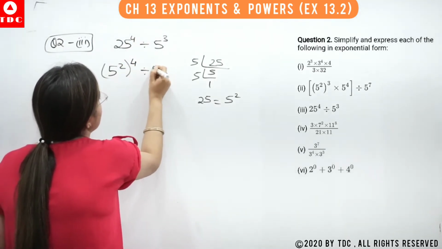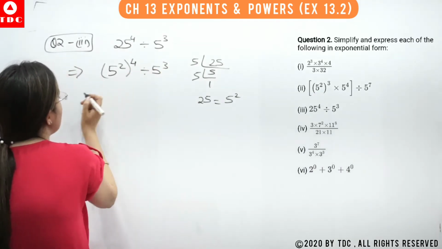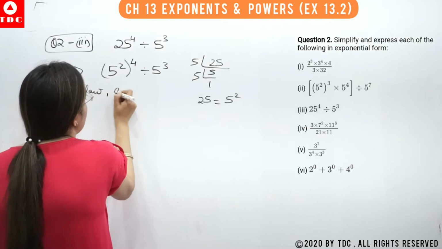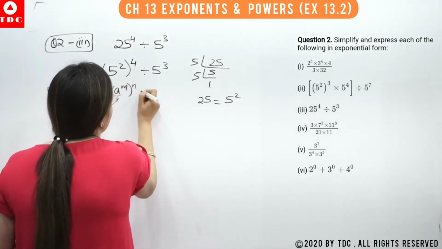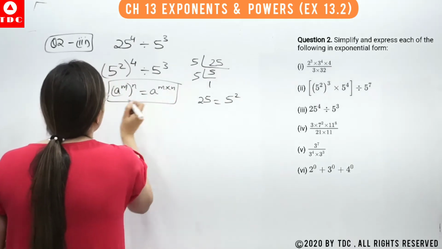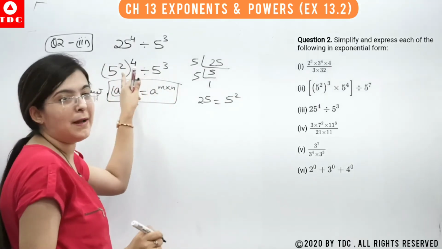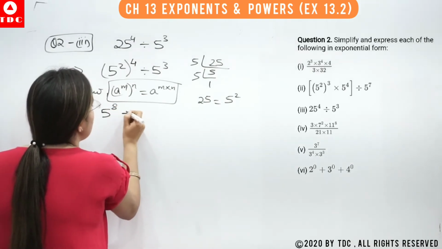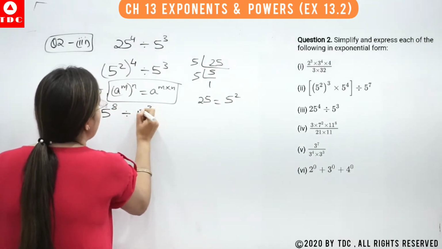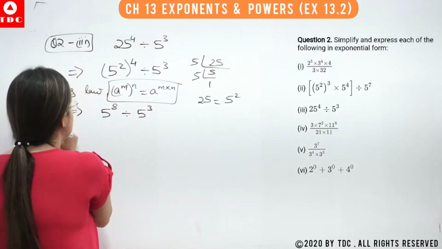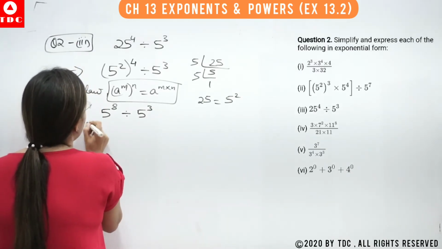Okay, now in this what property can we use? Using the law (a^m)^n is equal to a to the power m into n. That means the powers will be multiplied here. 2 fours are 8. 5 to the power 8 divided by 5 to the power 3. Now the base is the same and there is a division sign. So what law will we use?